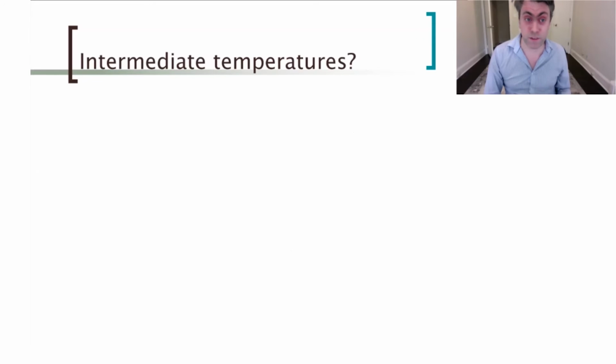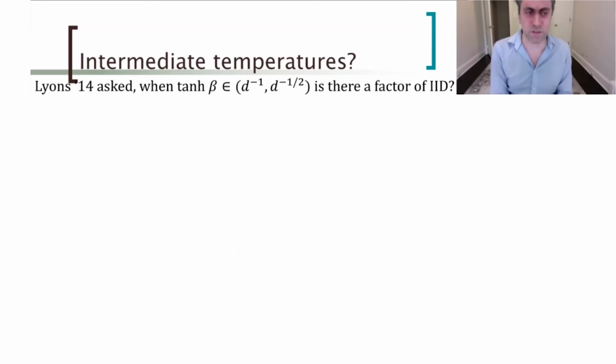That raises the natural question, that Lyons posed, of what happens in the intermediate regime when beta is between 1 over d and 1 over square root of d. Is there a factor of IID?